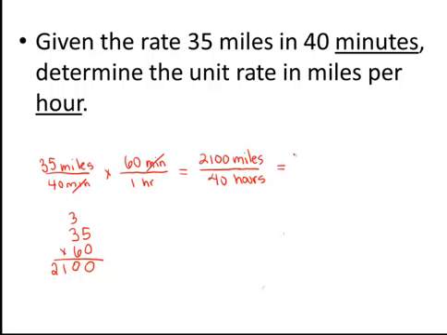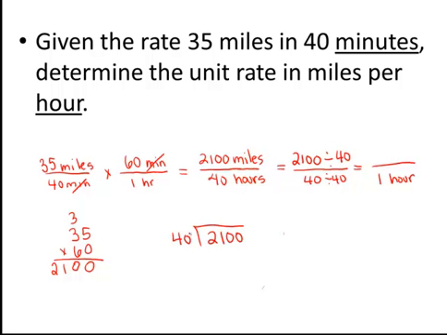To convert to a unit rate, we divide both the numerator and the denominator by 40, since this will tell us how many miles can be traveled in 1 hour. I'll come below to do this division. 2,100 divided by 40. 40 goes into 210 5 times. 40 times 5 is 200.